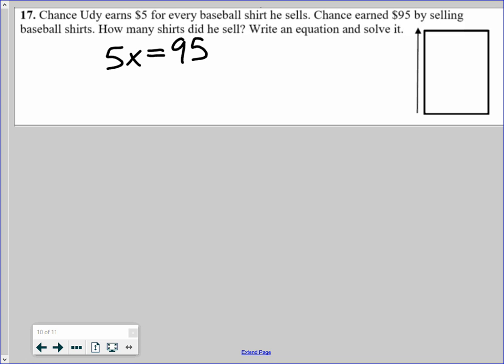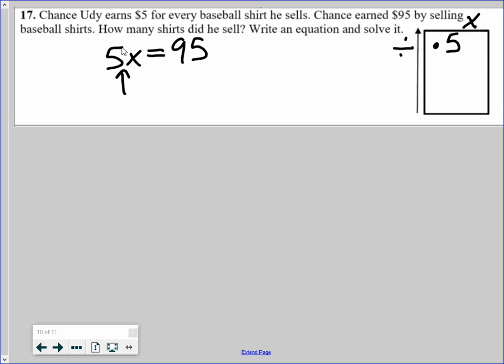Okay, so then we have our equation now. 5 times x equals 95. I'm going to use my box over here and write x on top. Now looking at what is happening to x. It doesn't really say anything's happening there, but a 5 next to an x means multiply. So x is being multiplied by 5. So to solve it, we have to do the opposite, which is divide by 5.